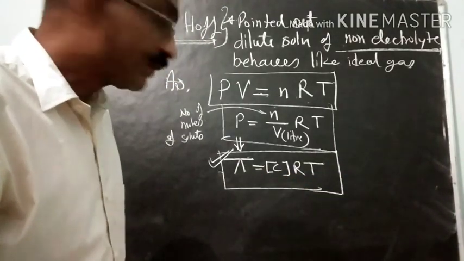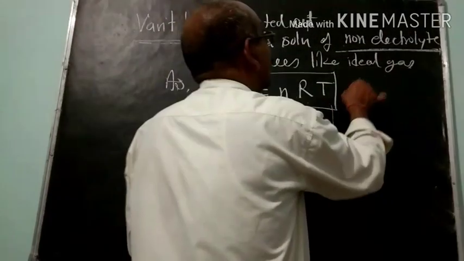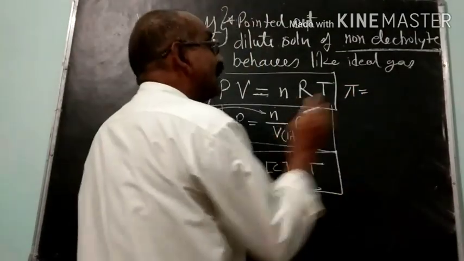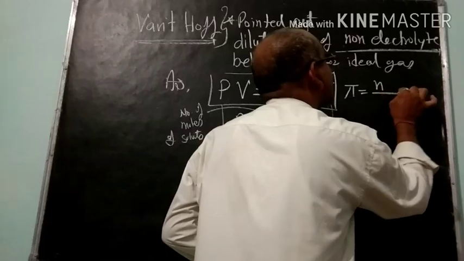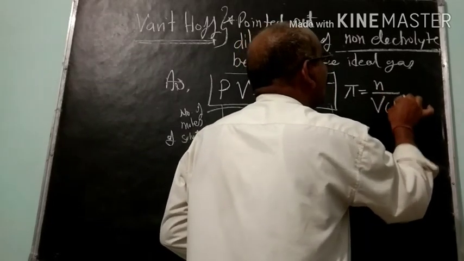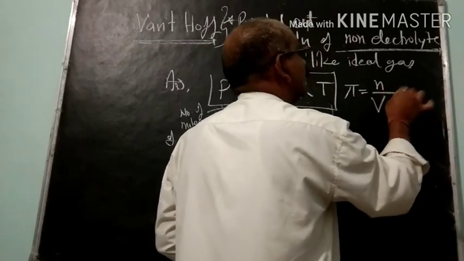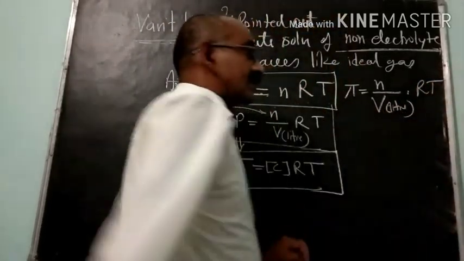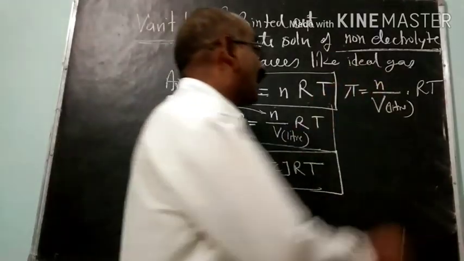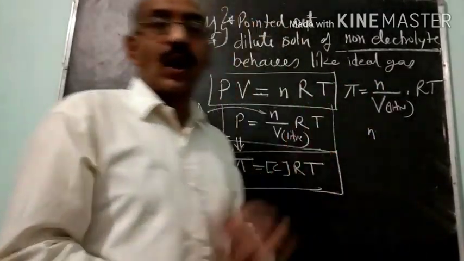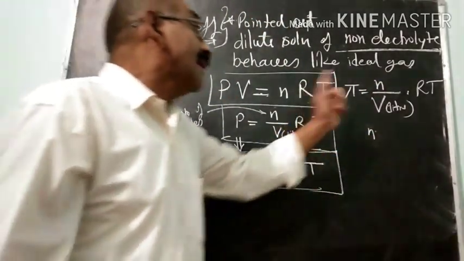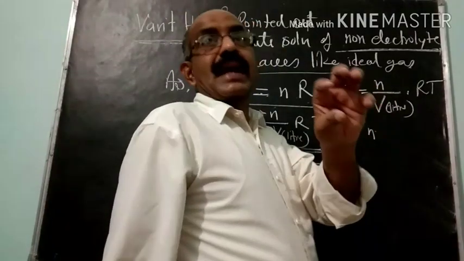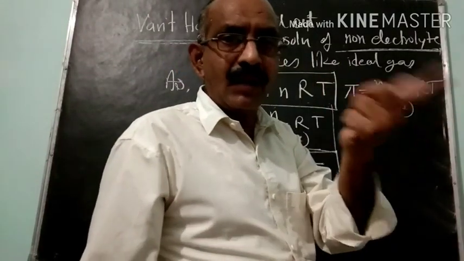That means osmotic pressure can be calculated using the formula pi equals C RT. Is it clear? Here C means the number of moles of solute dissolved per unit volume, N over V, into RT. As N is the number of moles of solute, it can be calculated as mass over molecular mass.